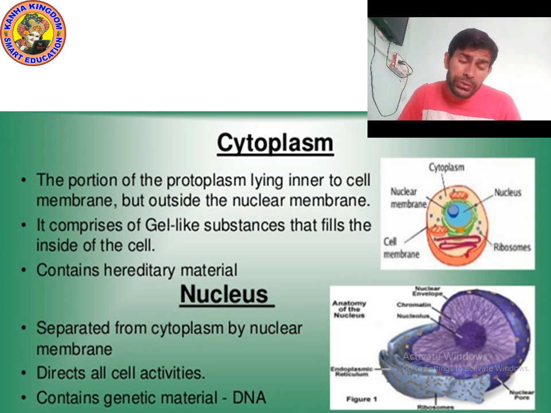Mitochondria, lysosome, ribosome, endoplasmic reticulum, nucleus, all these are present in the cytoplasm. Since cytoplasm is a jelly-like substance, it acts as a medium for these organelles, and it contains hereditary material.